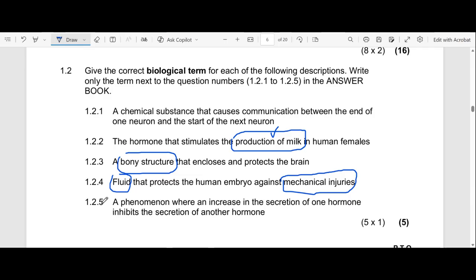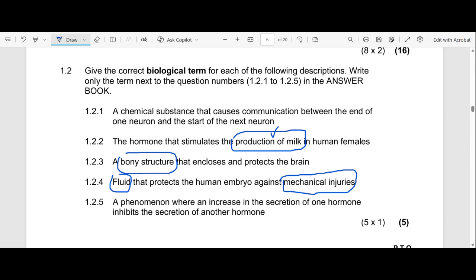Let's go to 1.2.5. A phenomenon where an increase in the secretion of one hormone inhibits the secretion of another. So obviously we know that this is the feedback mechanism, where one hormone increases and another hormone decreases.